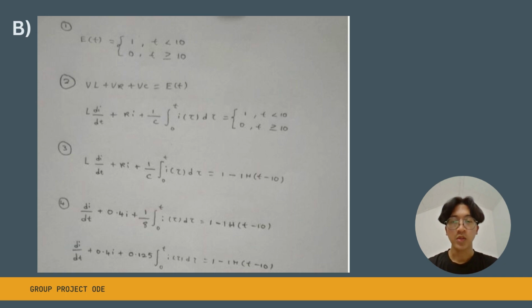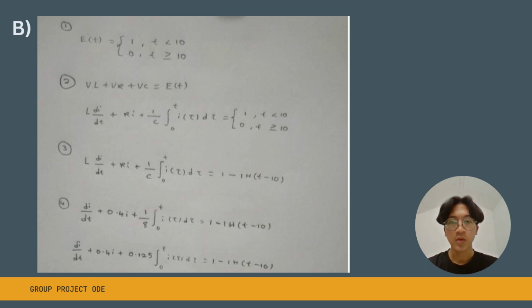So for the third step, we have to convert the step function of E(t) to a unit step function. So the equation is here, labelled number 3.